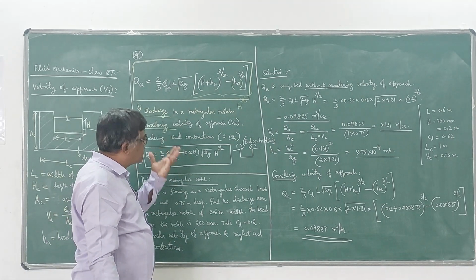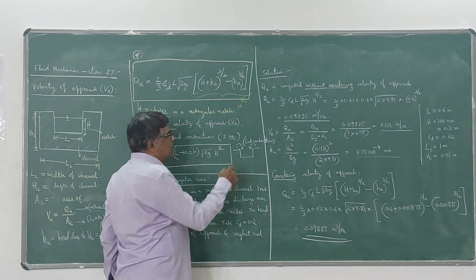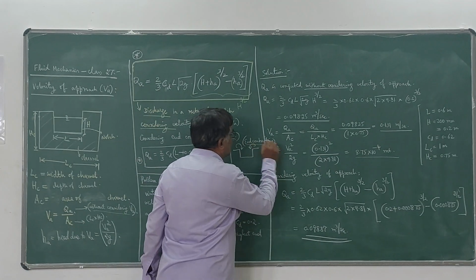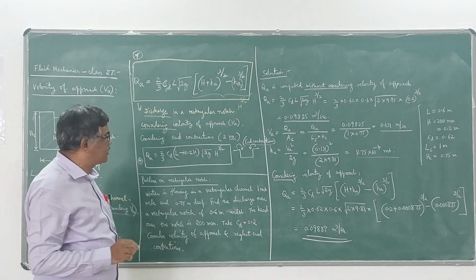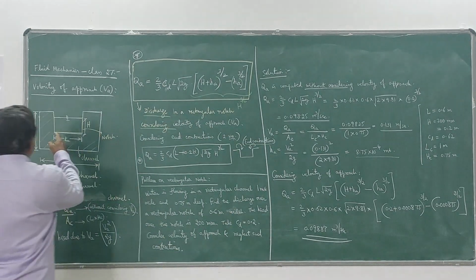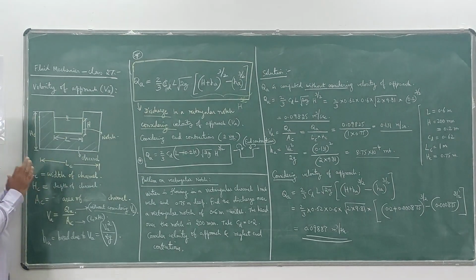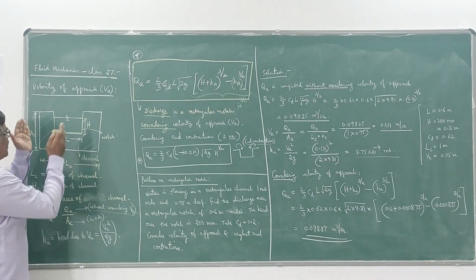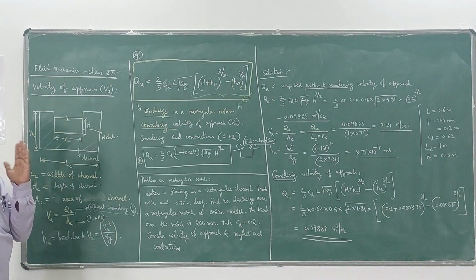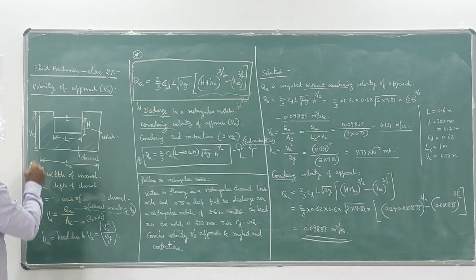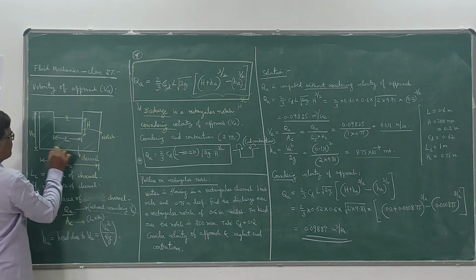Now sometimes they may ask you to find the discharge by considering the end contractions. First you have to understand what you mean by end contraction. In this case, water will be flowing in the channel in the beginning, then when it enters the notch, there will be a contraction, because the width of the notch is less than the width of the channel.